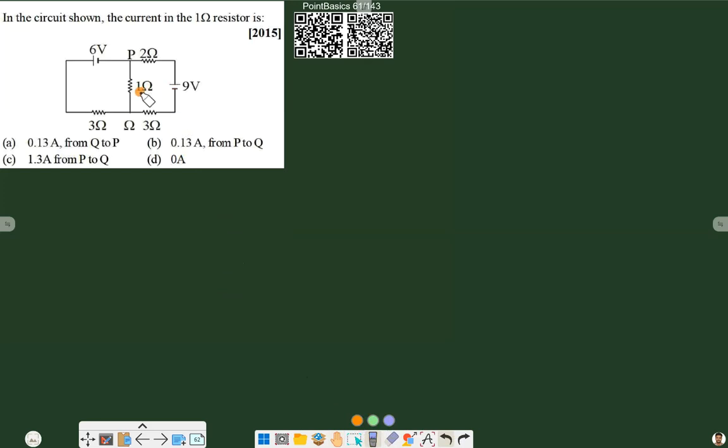Now let's make some naming scheme. A, B, C, D. Okay, sorry, this is not B, this is actually Q. Let me use slightly darker color.